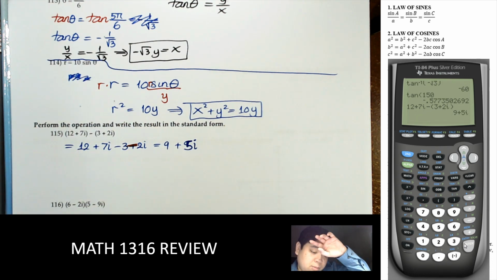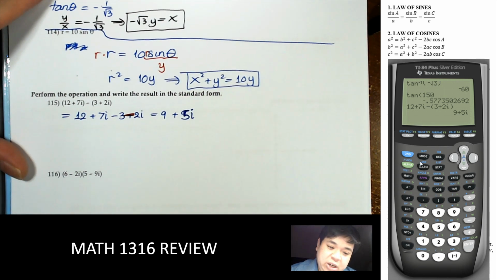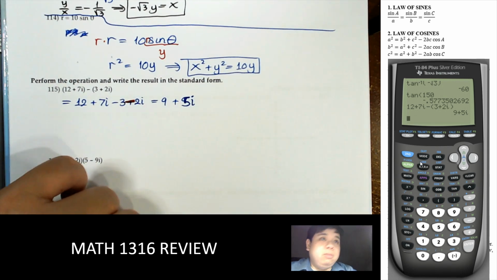Yeah, so that's straightforward. But keep in mind that if we're not using complex numbers, I highly recommend we switch back to the real mode. Otherwise, there's something strange, or it gives you errors here and there.